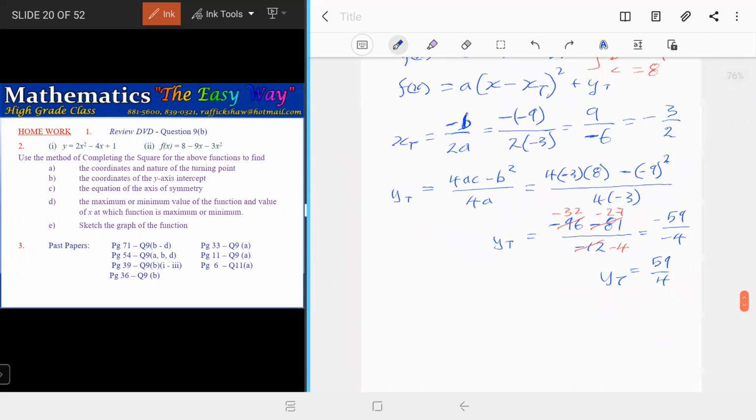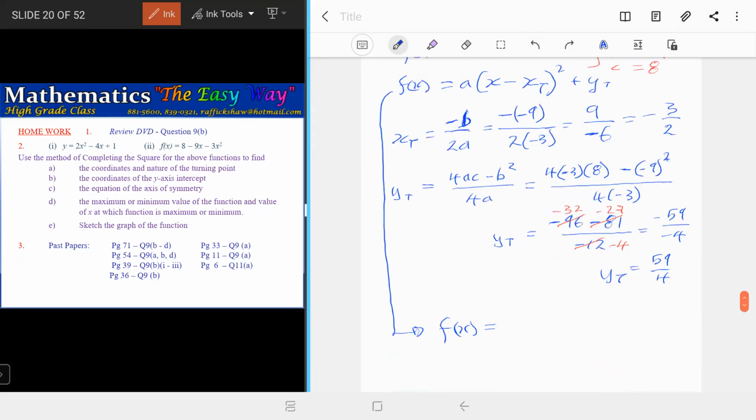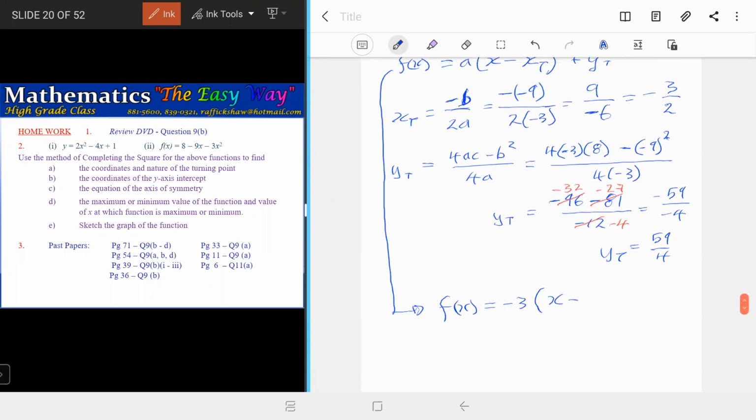So this expression now becomes that f of x is equal to a, which is negative 3, bracket x minus xt. But xt is negative 3 over 2. This minus minus is going to become a plus.